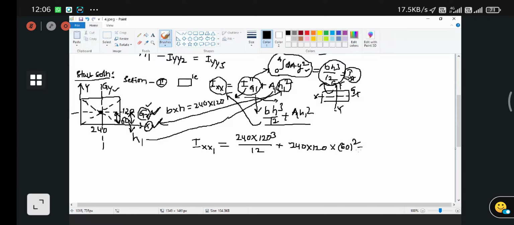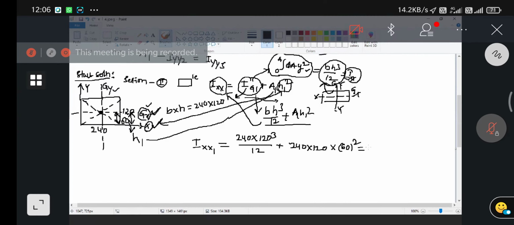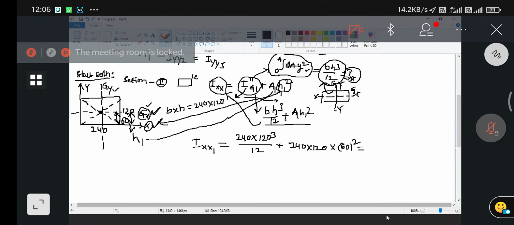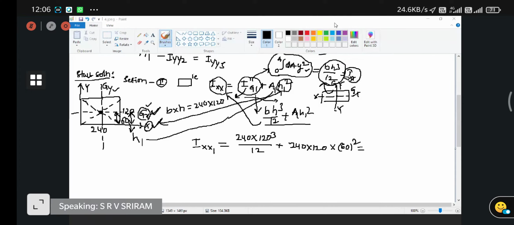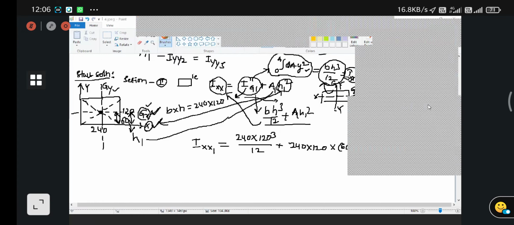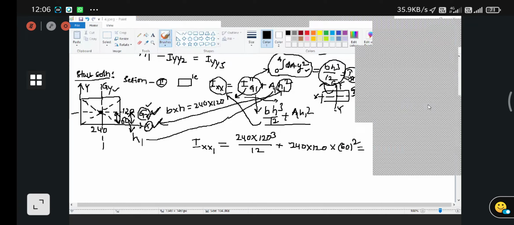If you are calculating with calculators, anybody can post the value in the chat box. I am looking for the answer for Ixx1.